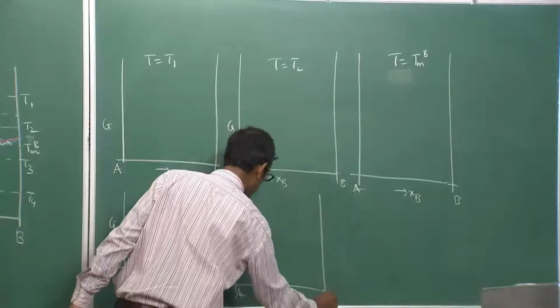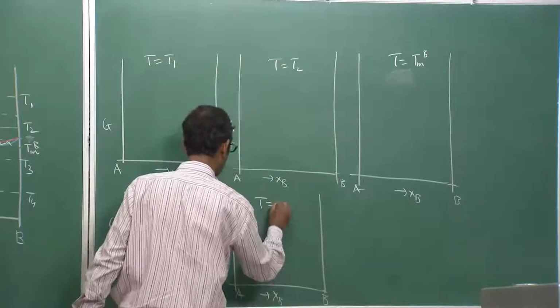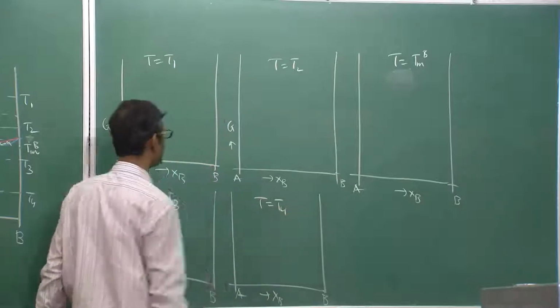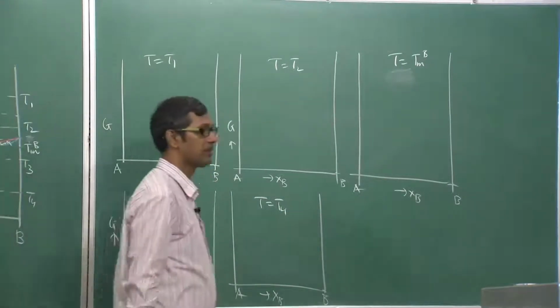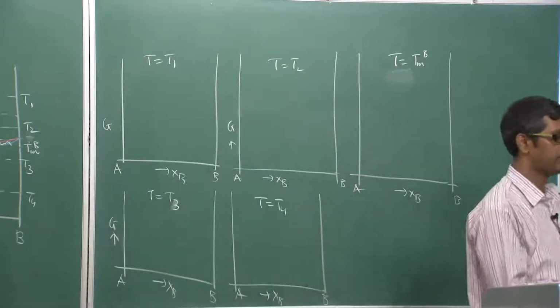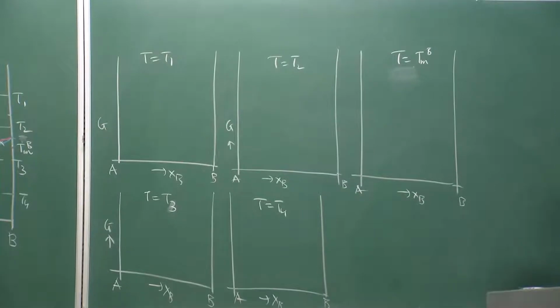And the last one will be at T equal to T4. As you see, there are actually three phases here: liquid, alpha, alpha prime and beta. So I have to draw all of them, otherwise it will not be clear.